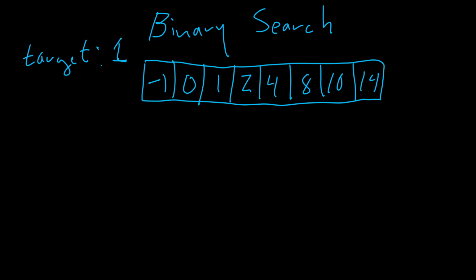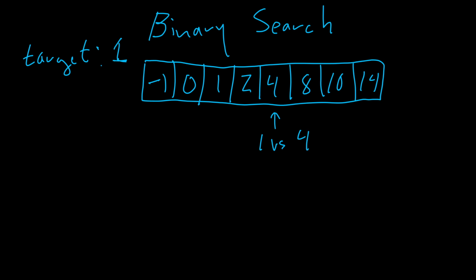Now, what binary search is going to do is look in the middle. And since this is an even number, I'm just going to round up. So we're going to look in the middle and compare 1 versus 4.